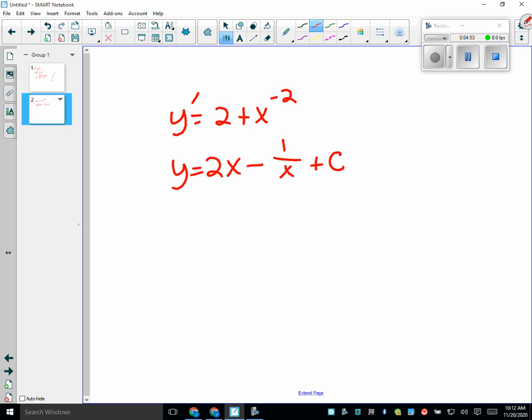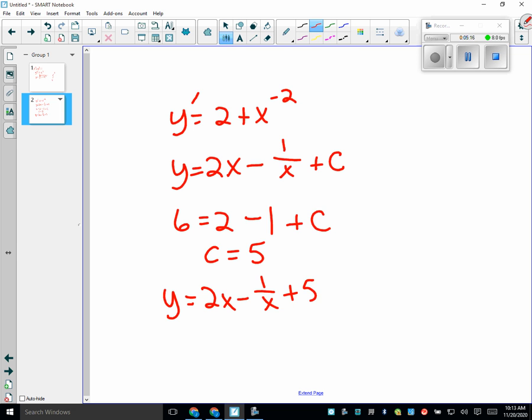So when I did that, I have 6 equals 2 minus 1 plus C. So C is 5. Is that what you got? Yeah. Then I would have y equals 2x minus 1 over x plus 5.